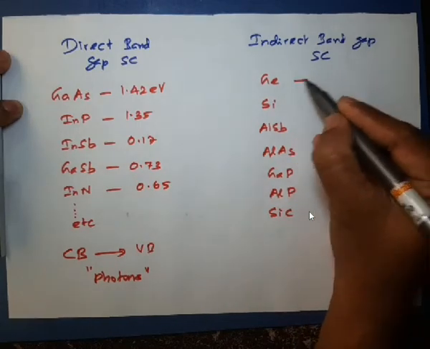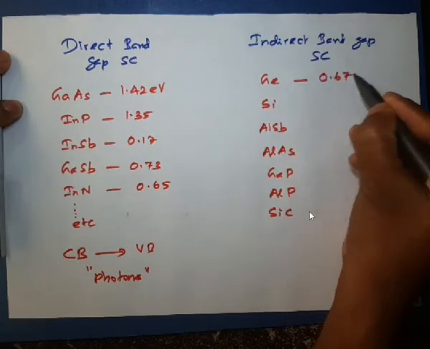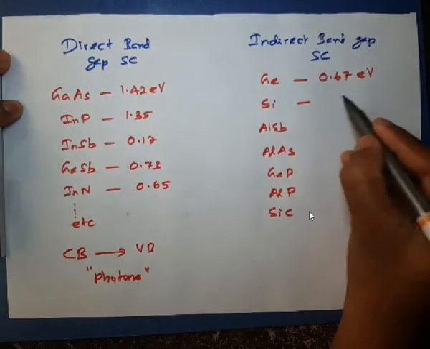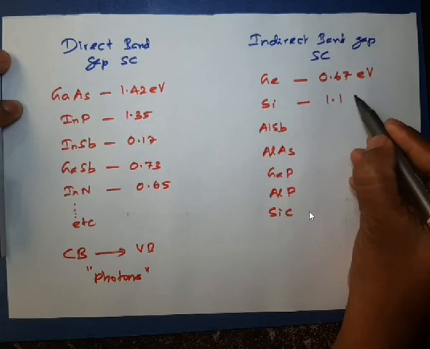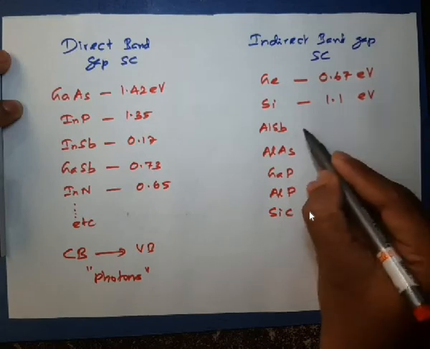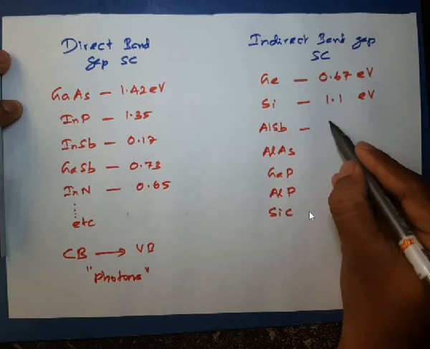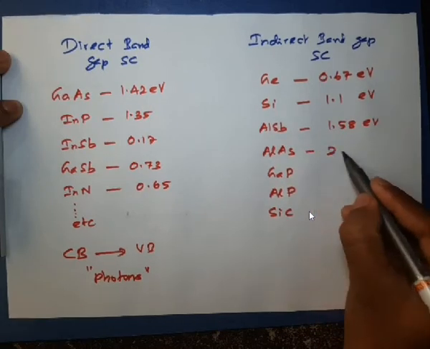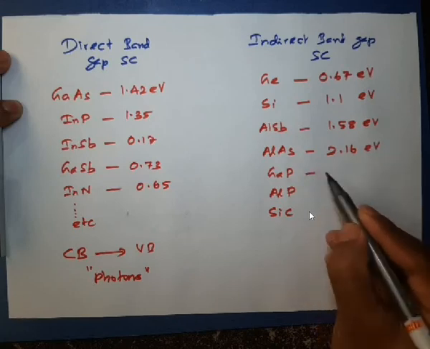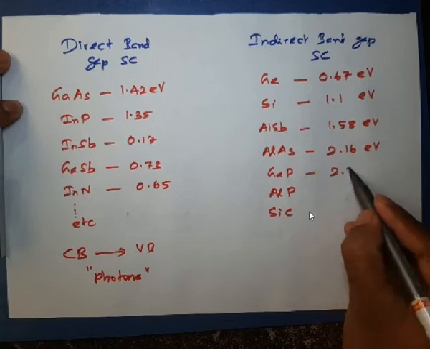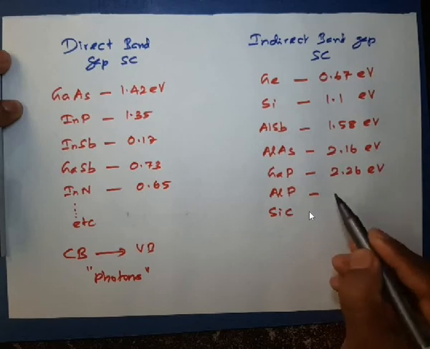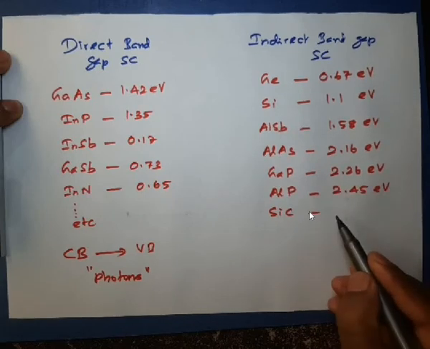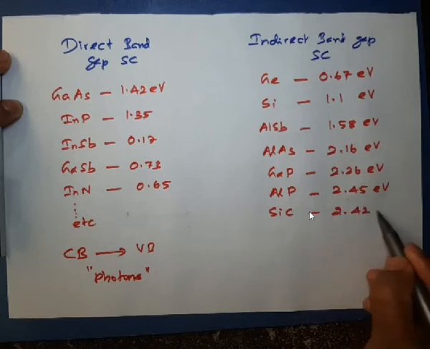The band gap value for germanium is 0.67 electron volt. All these values are in electron volt. Silicon is 1.1, aluminum antimonide 1.58, aluminum arsenide 2.16, gallium phosphide 2.26, aluminum phosphide 2.45, and silicon carbide 2.42 electron volt.